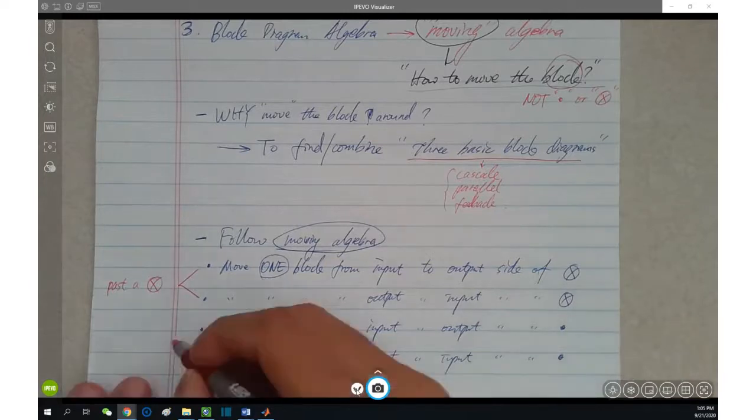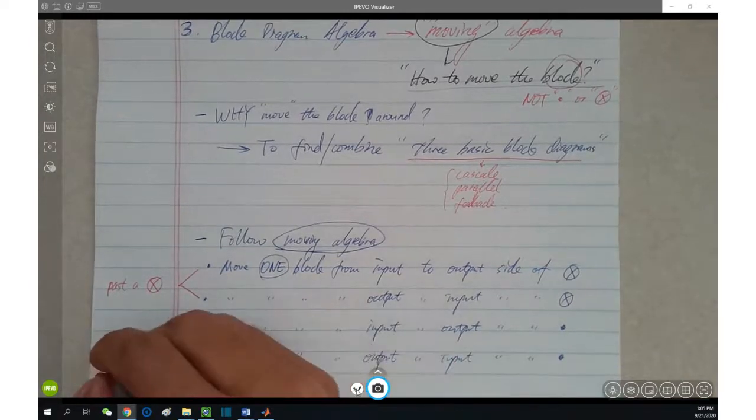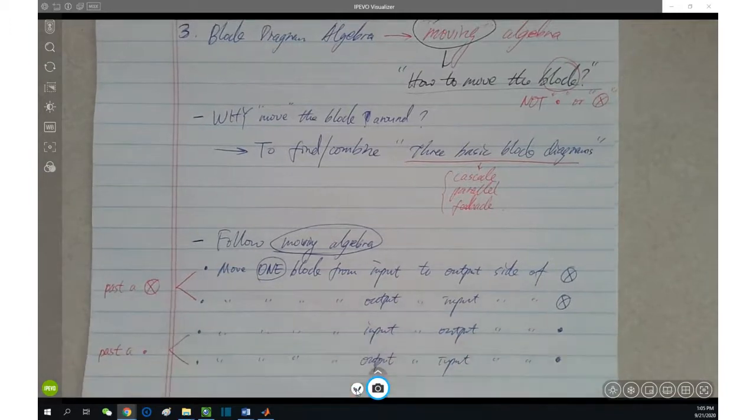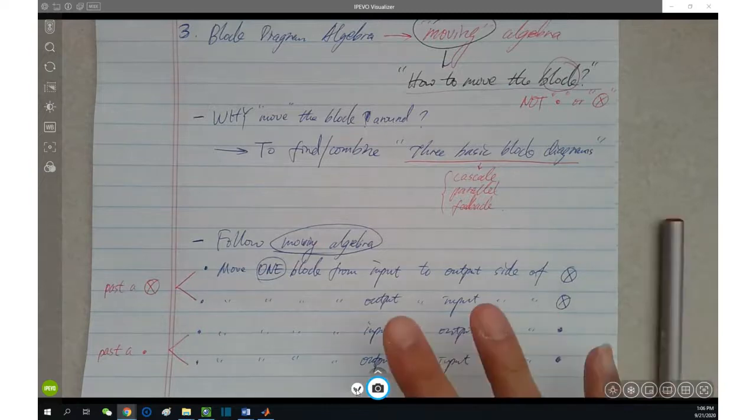Same pattern for the 3rd and 4th. This is passing a pickoff point, rather than the summing junction anymore, right? Now also 2 ways. One is from input to output. Another is from output to input. So 2 by 2, up to 4 algorithms. Now let's talk about the details about them.